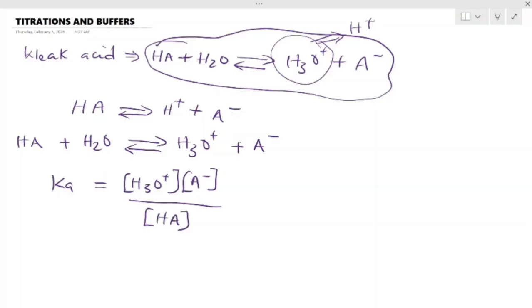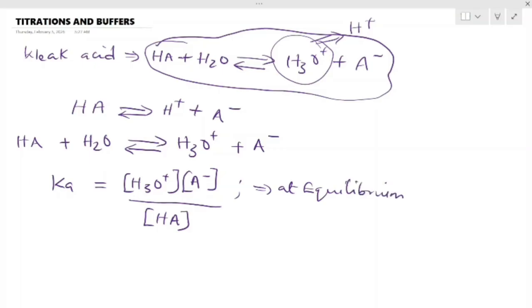Water signifies that it is in solution, and this Ka equation is shown at equilibrium.